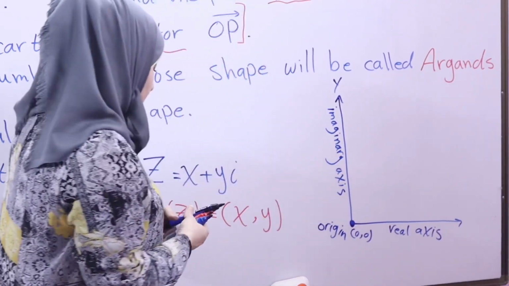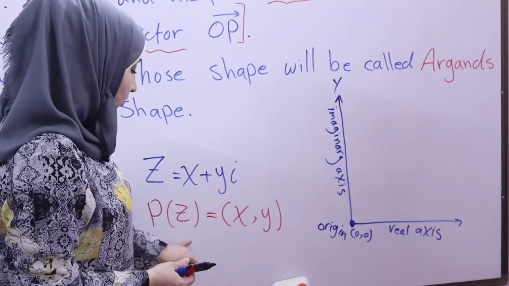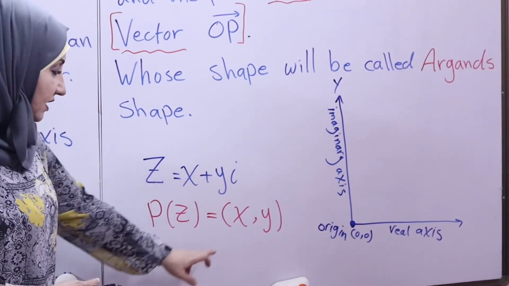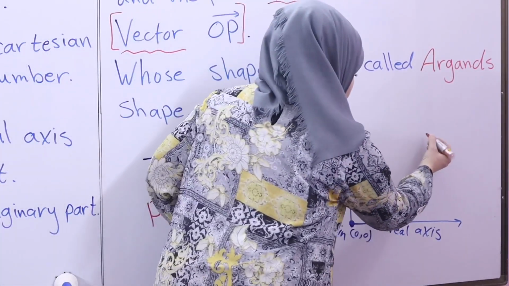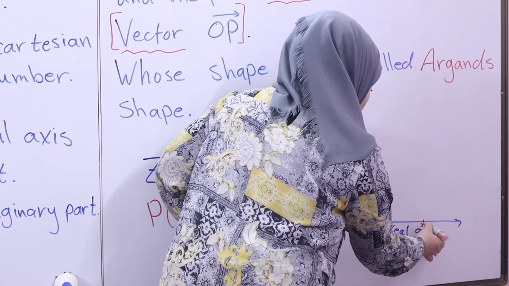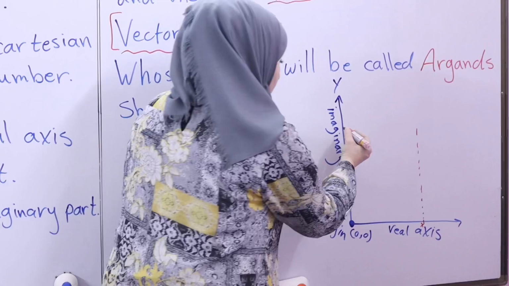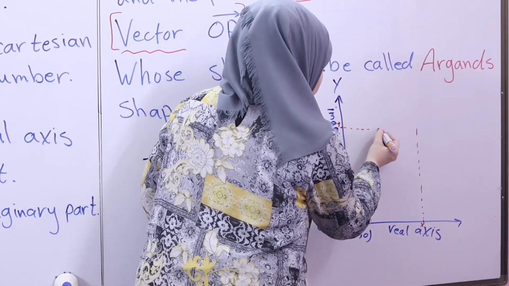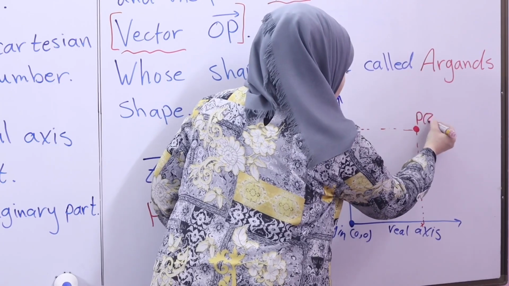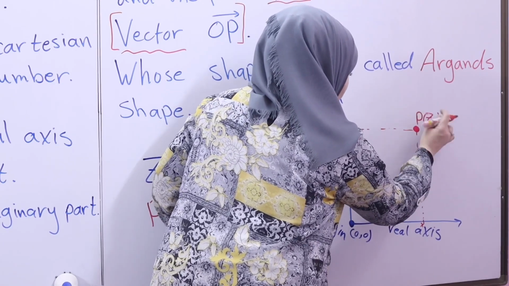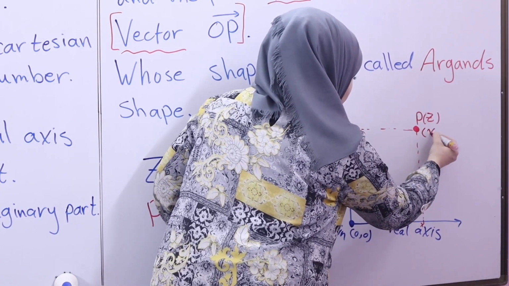So we want to represent the complex number x plus yi, which its Cartesian form is x, y. So this will be the x coordinate, and the y coordinate. So we get this point of z, whose coordinates are x, y.